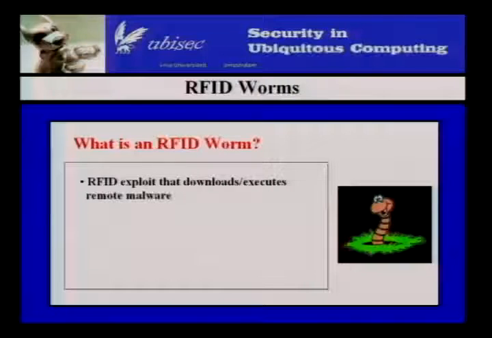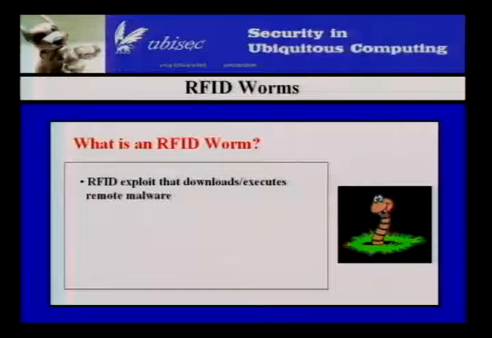The catch is, how does it self-replicate? If the malware it downloads modifies the middleware in such a way that it causes the original attack, the original RFID exploit, to get written back to new RFID tags that show up, you've got your self-replication.